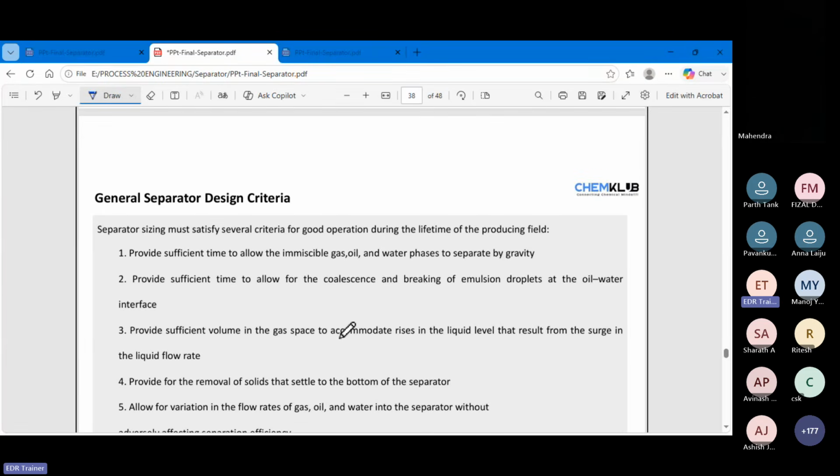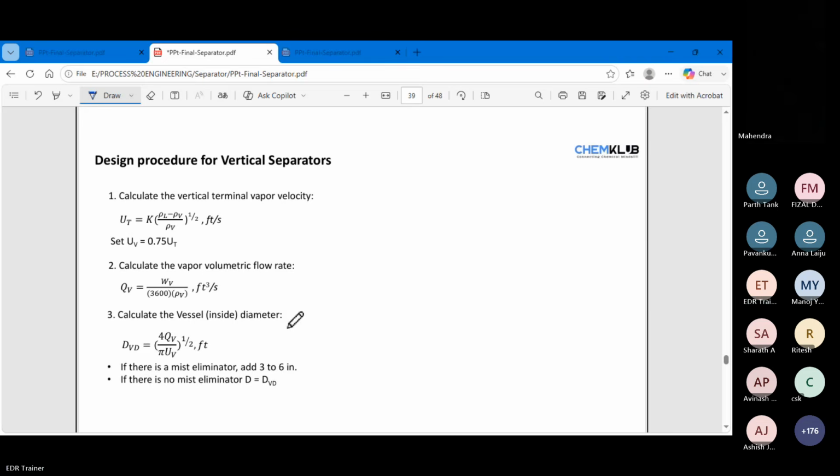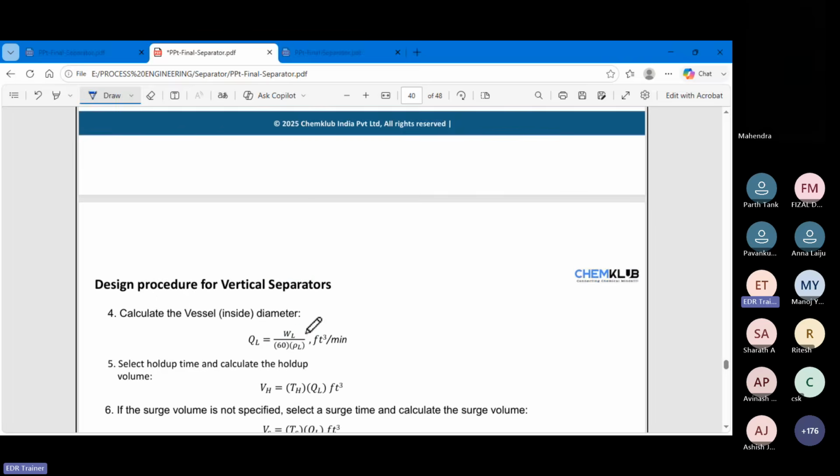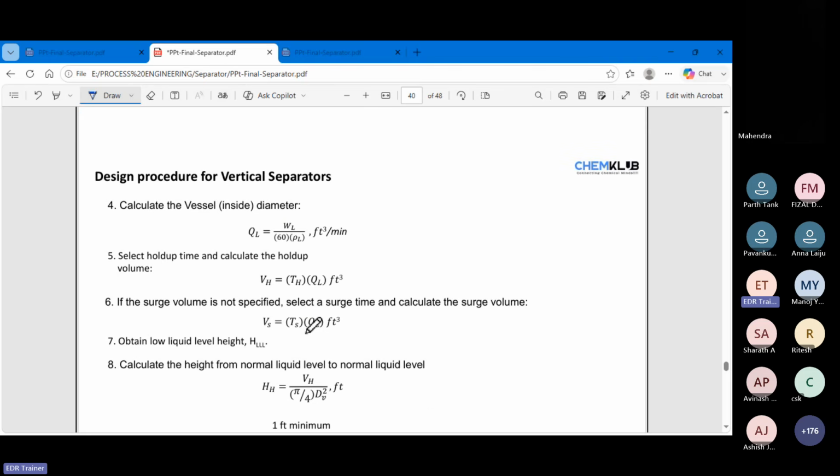Here are some design procedures, the general steps and design guidelines for separators. Here is the step-by-step formula and design procedure for verticals. First calculate the terminal settling velocity using the Souders-Brown equation, then the volumetric flow rate, then the diameter of the vessel. Then separate out the length, surge time, surge volume, holdup time, and holdup volume.